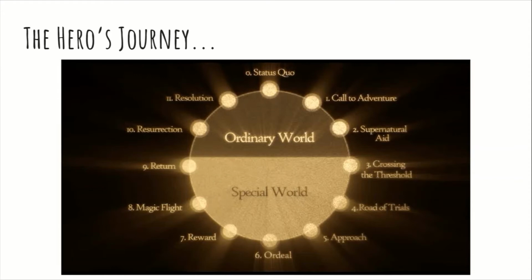Crossing the threshold is when the tornado or twister took the house to Oz, and the return is when she is clicking her heels, saying I want to go home. And then the resolution and resurrection is her realising all these characters reminded her of people from home. And obviously the ordeal would be the Witch of the West, and you get the idea.